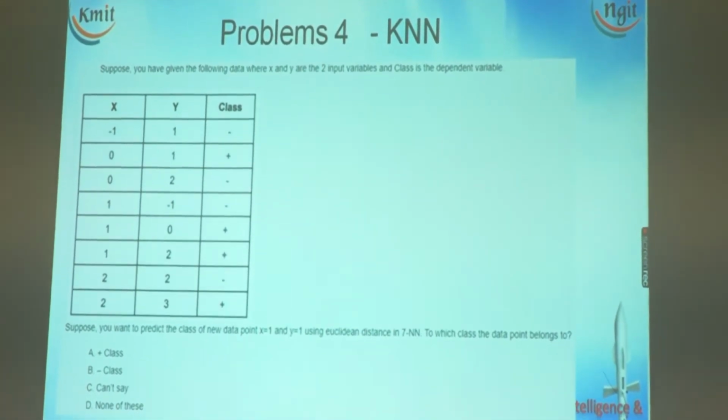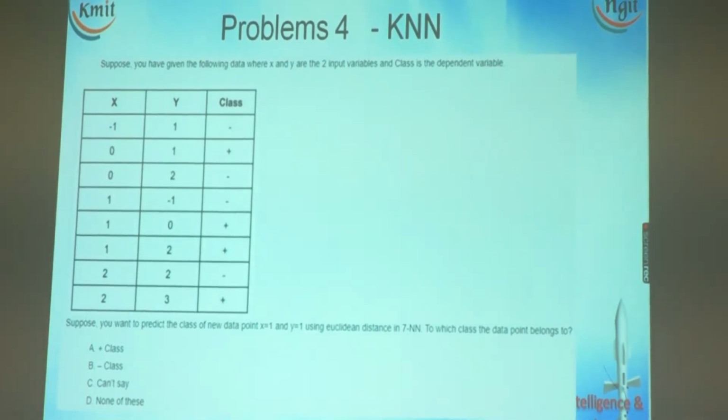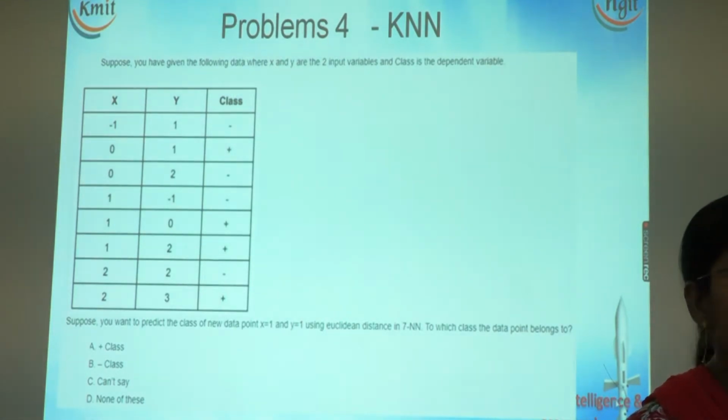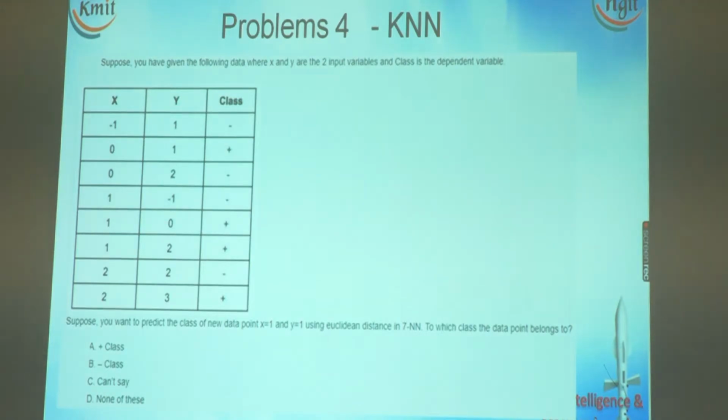Okay. How many rows are there? 8 rows are there. But here you see the question. He told to select the nearest neighbors as 7. Whoever gives the lowest distance, that we select as neighbors. So how many are there? 8 are there.